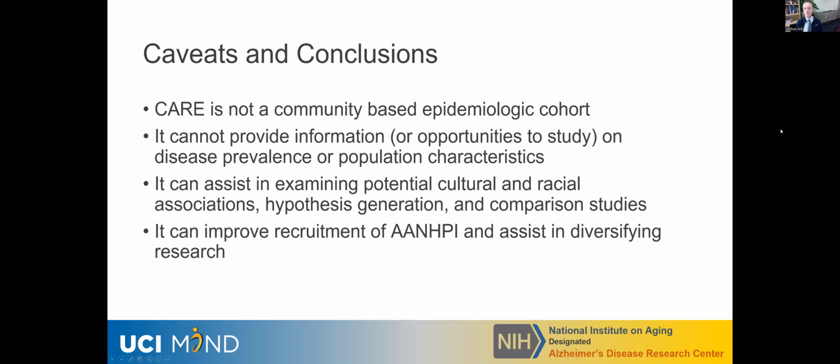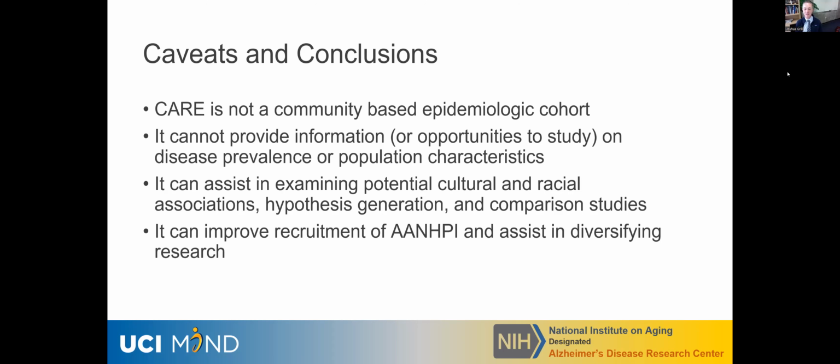You cannot necessarily assume that what you learn in CARE is true of all Asian Americans or Pacific Islanders, or necessarily make comparisons within populations in CARE. Nevertheless, we think that this is a tremendous opportunity to do more and to get important data from the populations that are so very well represented within the CARE registry.